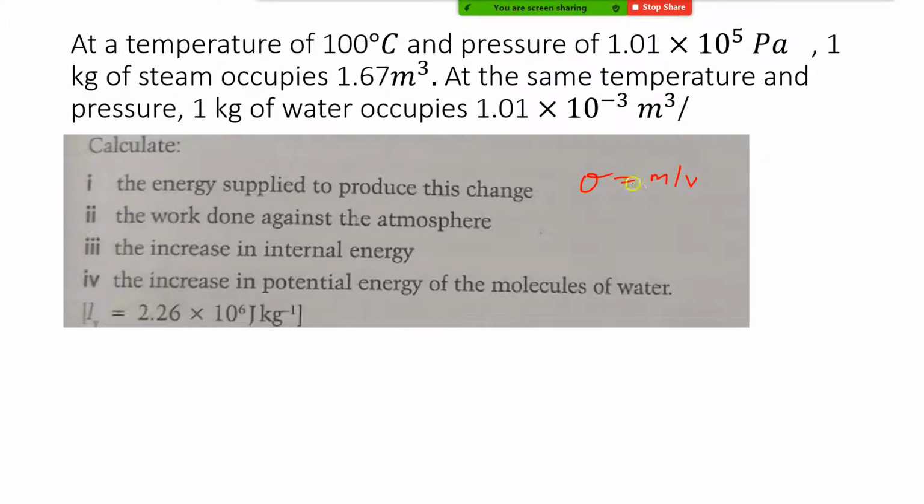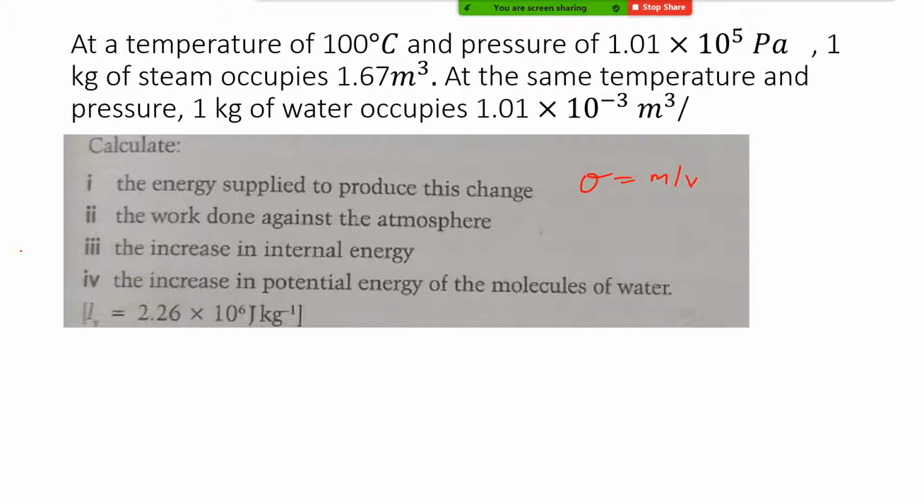So this is what I would have to use to find out the amount of energy that was required to change that state of water into steam. But let me know if you guys understand what we're doing here. Yes, sir.